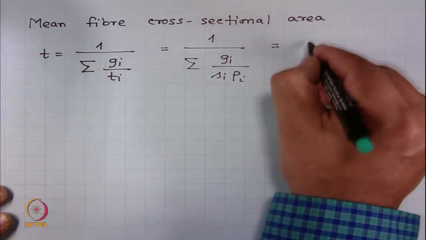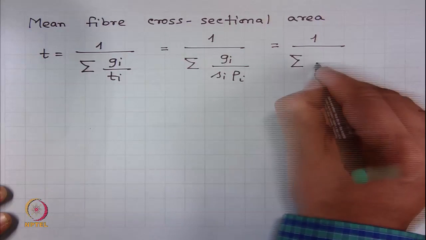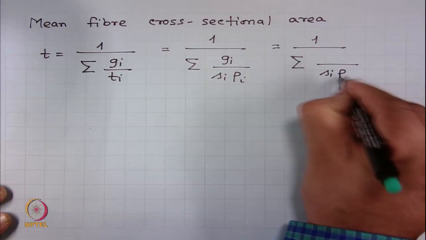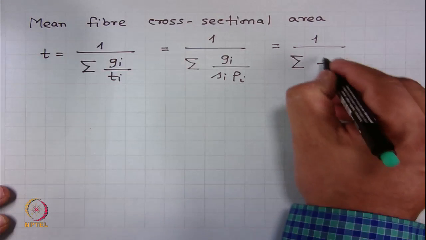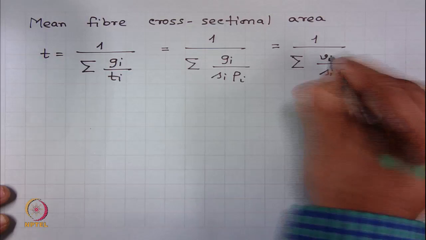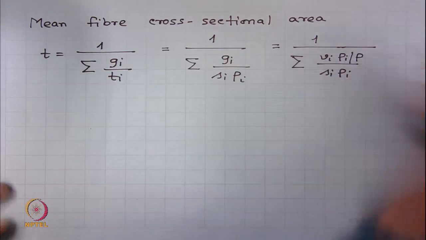So, we can write this in terms of volume fraction into rho I by rho.